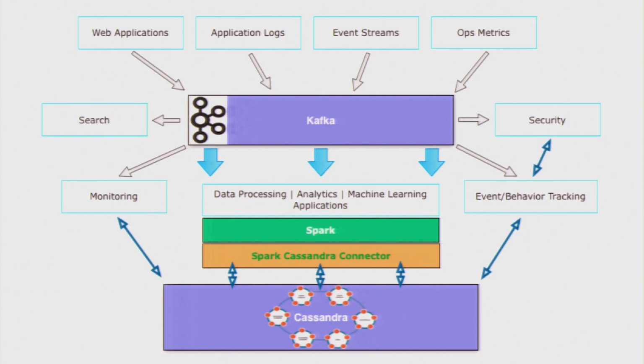So we have a lot of distributed producers, a lot of distributed consumers, everything coming and going at the same time. On the back end, you might have monitoring, event behavior tracking. You might have your applications handling data processing, analytics, machine learning, and all of that sitting on top of Spark, something like the Spark Cassandra connector, which I am going to get into in detail, and being able to store data very quickly into Cassandra across multiple data centers.